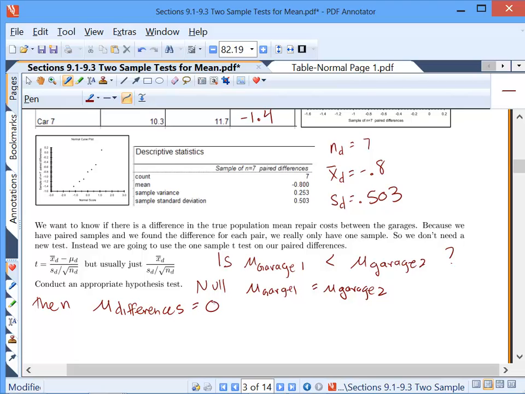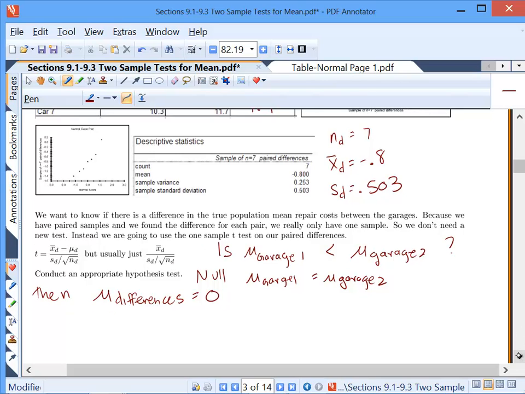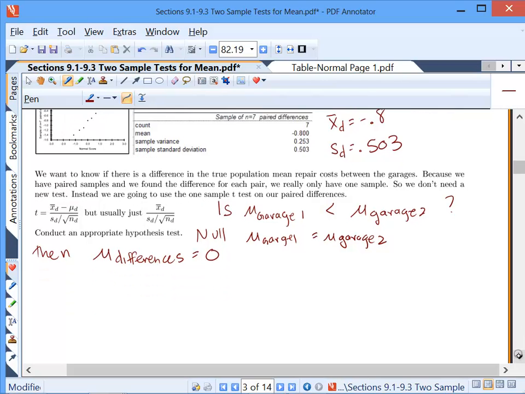So when we say our hypothesized mean for the differences, that's usually just going to be 0, and so it's just minus 0 every time, which of course you don't need to bother writing down in a formula. So that's why it usually looks like this, but really it's just a one sample t-test.